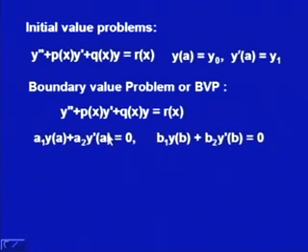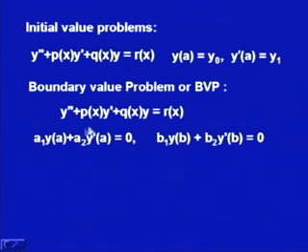We see here the difference between these two. The differential equation is the same. Here we were having the condition only at a point a, and here we are having the condition at a point a as well as at a point b, and both are involving our function as well as derivatives.